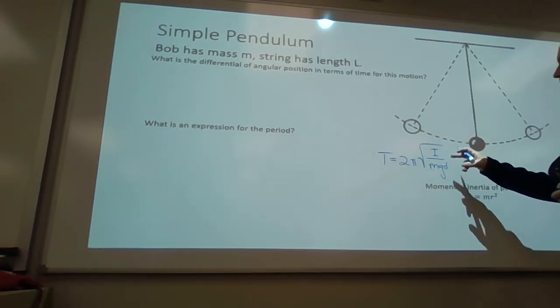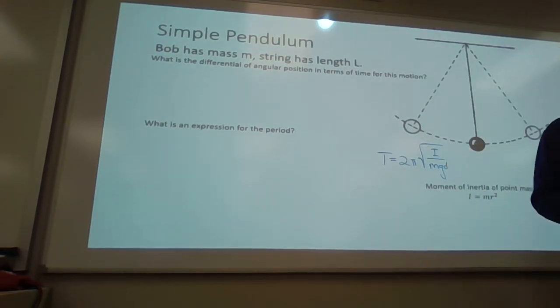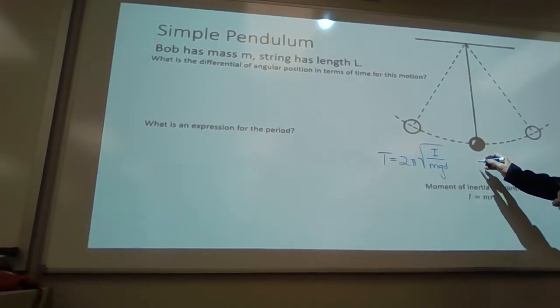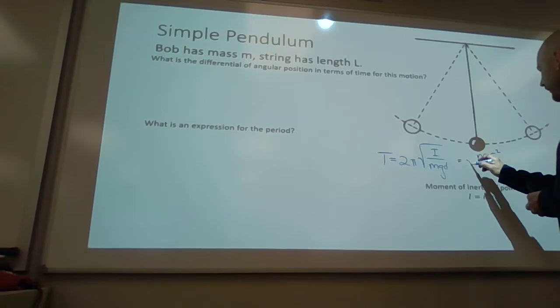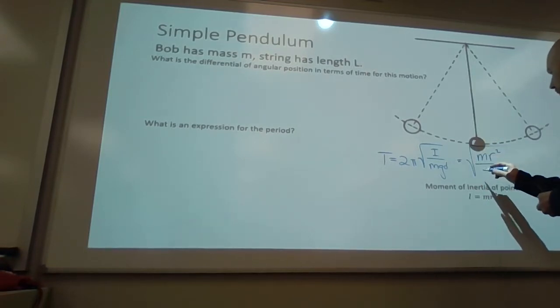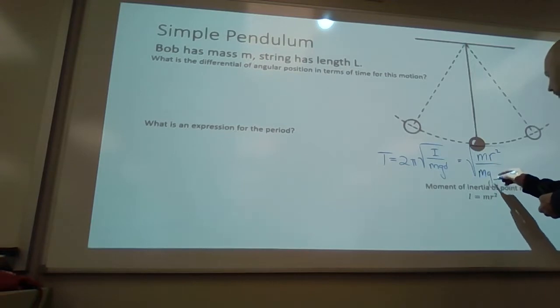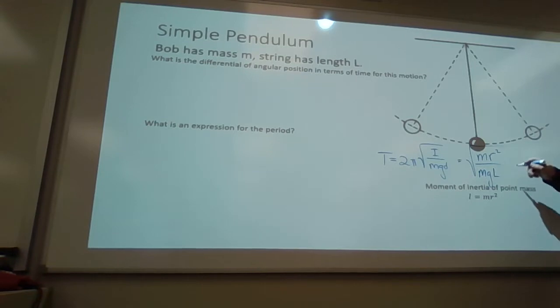What is the moment of inertia of a point mass? mr squared. And d becomes what? The length of the string, right?